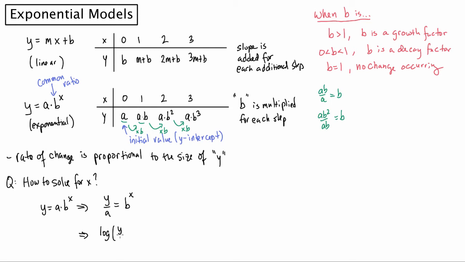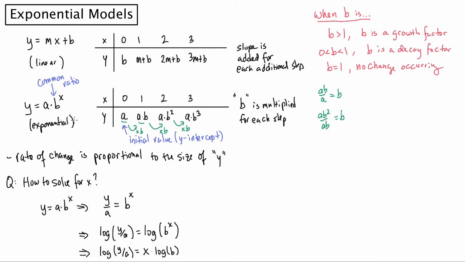So the logarithm of y over a is equal to the logarithm of b to the x, and the reason you do that is because the logarithm is the inverse operation to a power like this, and we can use properties of logs, and one of the properties of logs says that when you have the logarithm of something raised to a power, you can bring the power outside the logarithm multiplied by it, and then it's just the logarithm of the base.